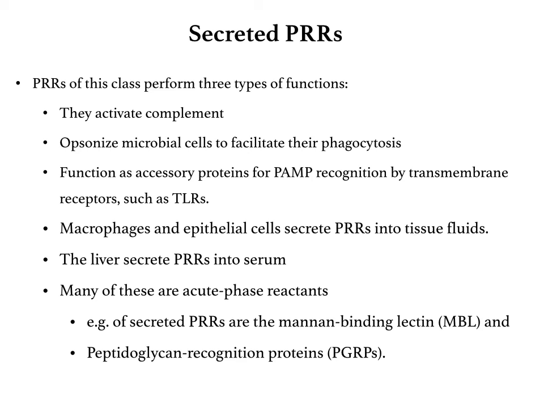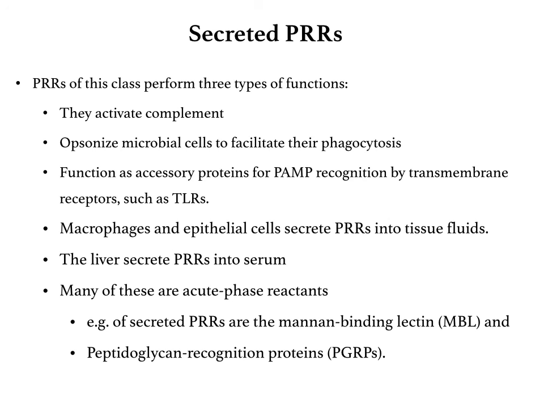For example, the toll-like receptors can function as accessory proteins for the pathogen-associated molecular pattern recognition. Some of the pathogen-associated recognition receptors are secreted by the macrophages and the epithelial cells into the tissue fluids. However, most of them are secreted into the serum by the liver.